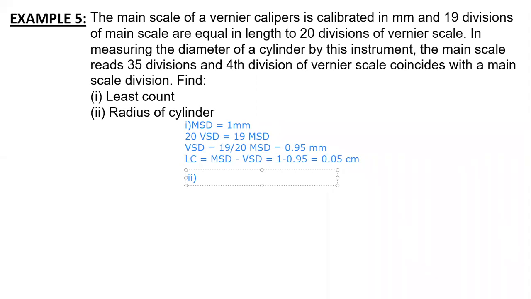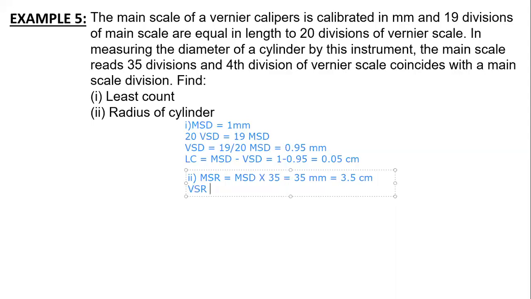So 35 divisions will be 35 millimeters, so it will be 3.5 centimeter. That is the main scale reading. Then it is written that it is coinciding with the fourth division of the vernier scale, so it will be 4 into 0.05.